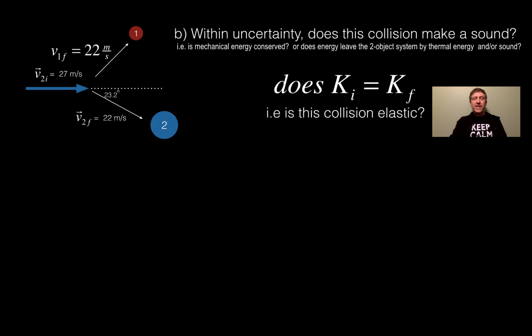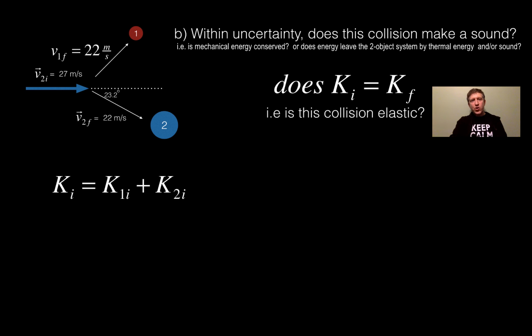But for the purposes of this, we'll still see if this works. Does K initial equal K final? And we have to do this within uncertainty. My initial values were 2 sig figs. So all we can know for sure is if K initial equals K final within 2 sig figs, then it looks like our collision is in fact elastic. So let's go ahead and figure this out.